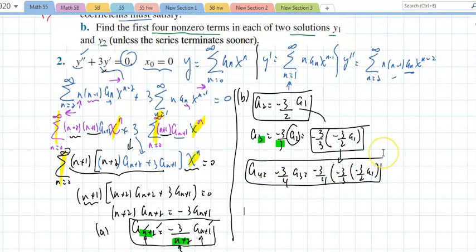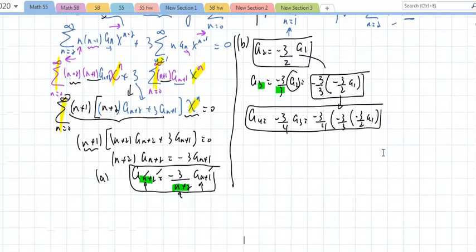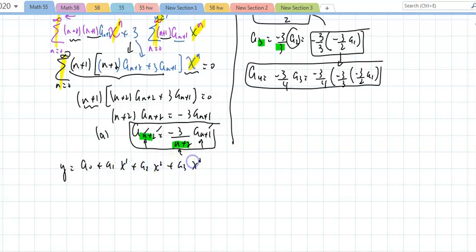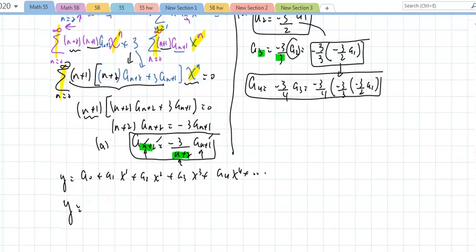So if I list the solution now, let's see how this works. Y equals a sub 0 plus a sub 1 x plus a sub 2 x squared, a sub 3 x cubed, a sub 4 x to the 4. It seems they only want us to worry about the first 4 terms. Okay.